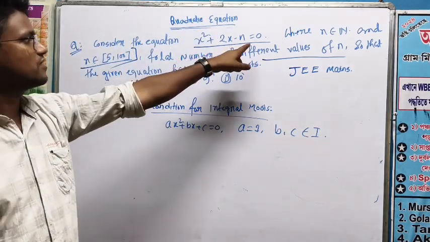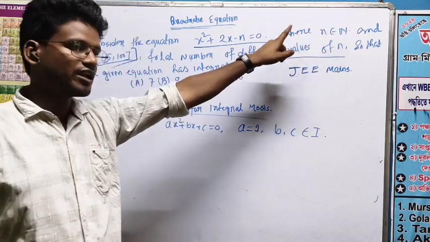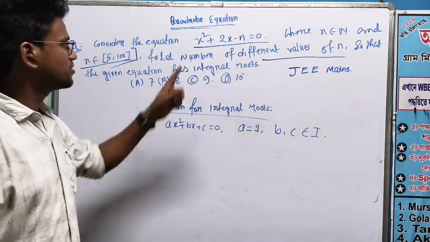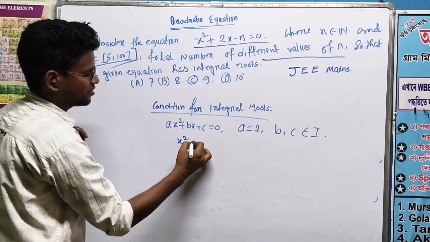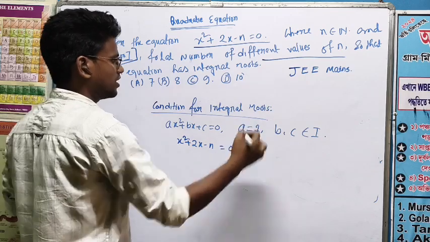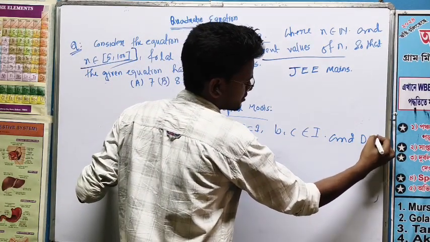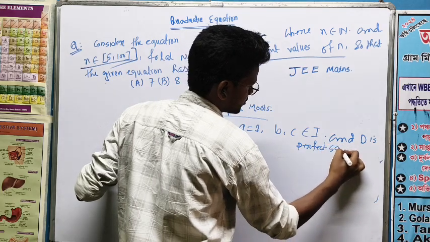Here n is a natural number, and a natural number is also an integer. For the equation x square plus 2x minus n equals 0, the discriminant D must be a perfect square.